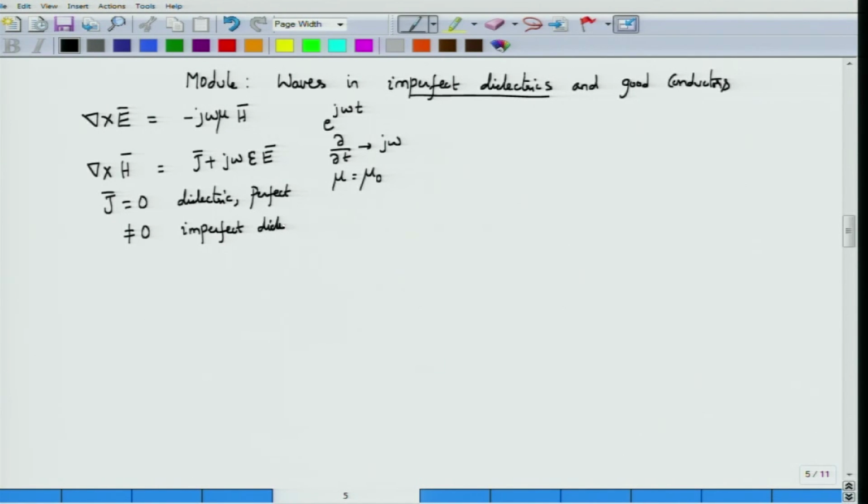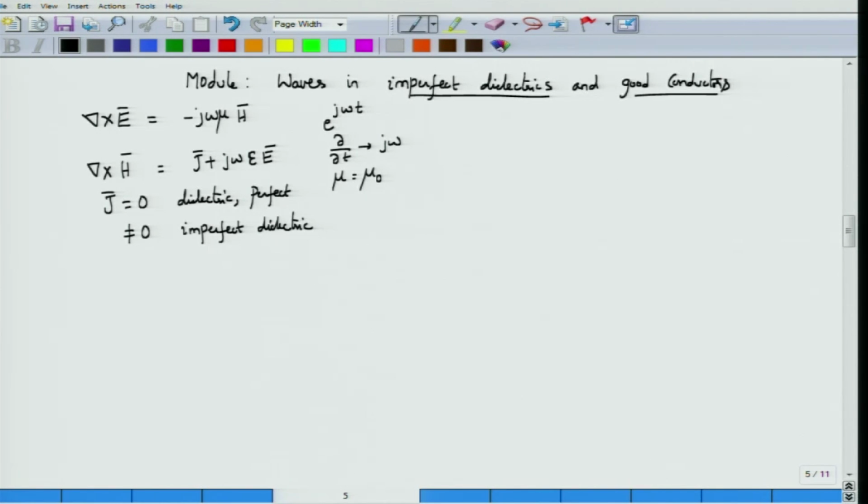This situation of J not equal to 0 will also describe equivalently a good conducting medium, such as a metal. In a metal you will find a lot of conduction electrons, therefore the J vector, the conduction current density, will be very high, or at least quite appreciable compared to the displacement current. On the other hand, if the medium is mainly an imperfect dielectric, then conduction current will be there, but it will be very small in magnitude.